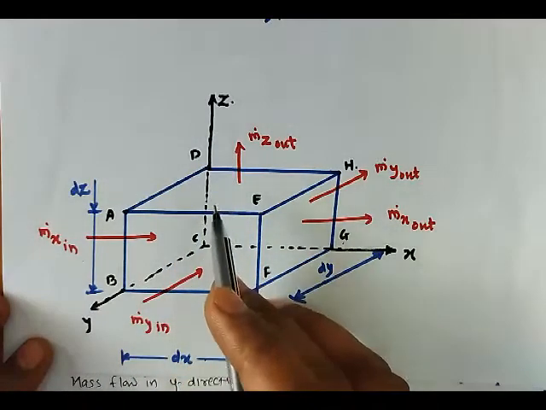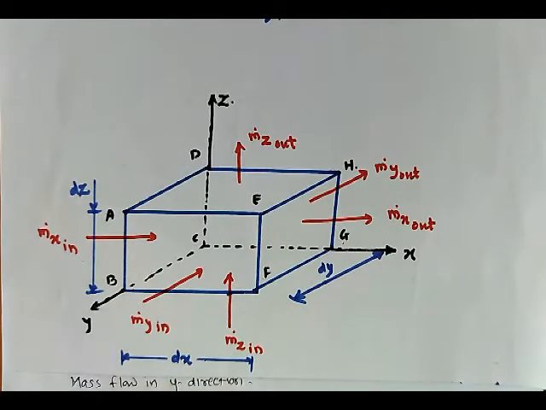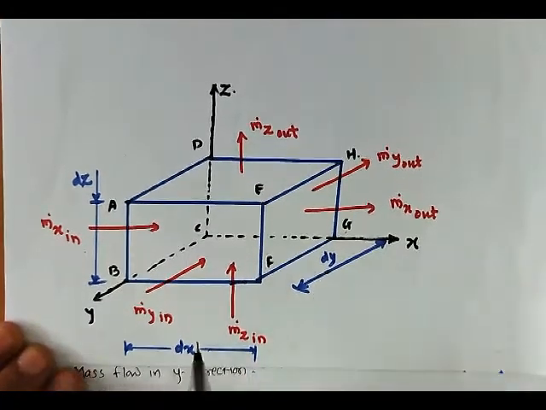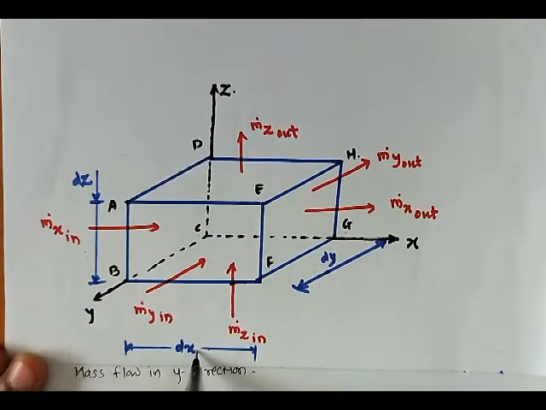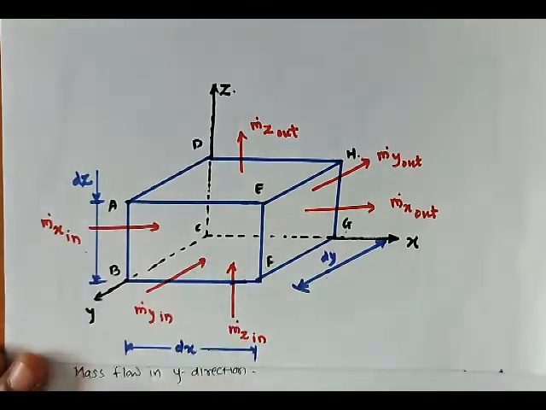These three directions are perpendicular to each other. To find out the continuity equation in this coordinate system, we have considered a parallel pipe element which has dimensions dx in x direction, dy in y direction, and dz in z direction.